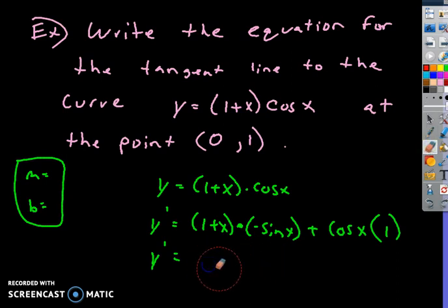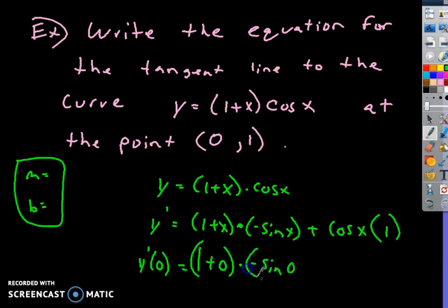I'm just going to leave it as this, 1 plus, just as it is. Because our goal is to find out where the coordinate is at 0. So if I want to find y prime at 0, I'll plug in 0 now. So this means 1 plus 0 times negative sine of 0 plus cosine of 0 times 1.